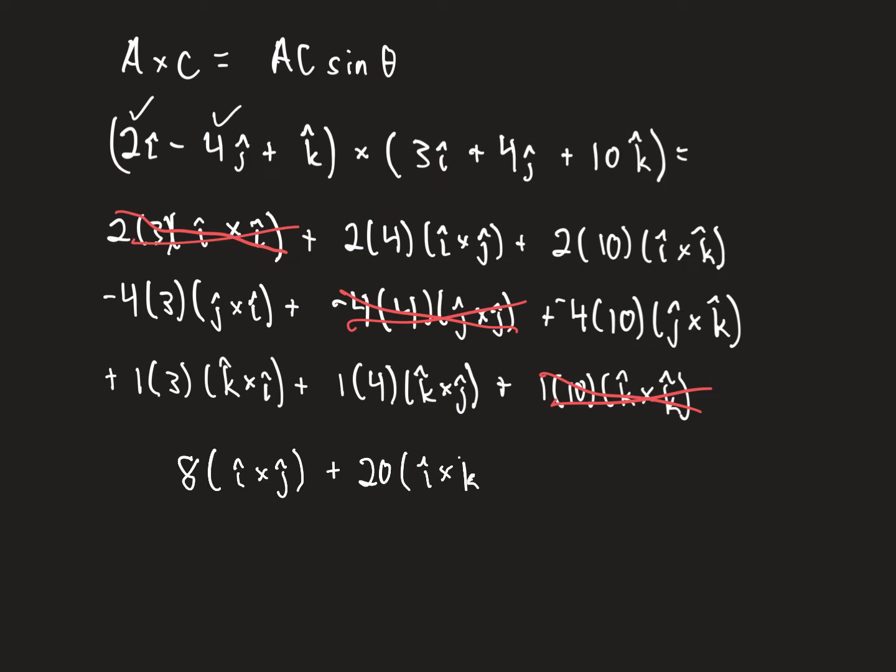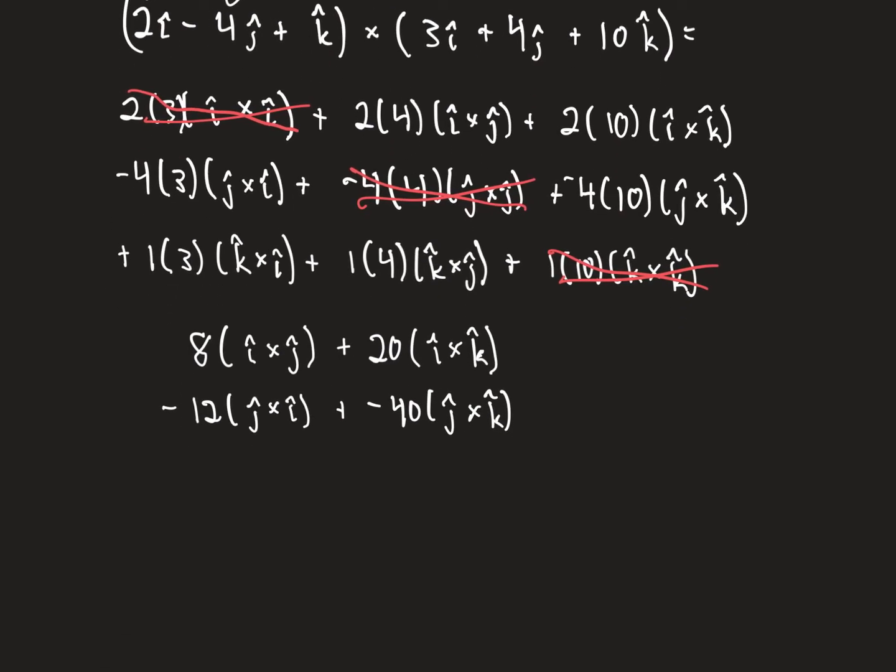The cross product is kind of the weird part. -4 times 3 is -12, j hat cross i hat. -4 times 10 is -40, j hat cross k hat. 3 times 1 is 3, k hat cross i hat. And 4 times 1 is 4, k hat cross j hat.